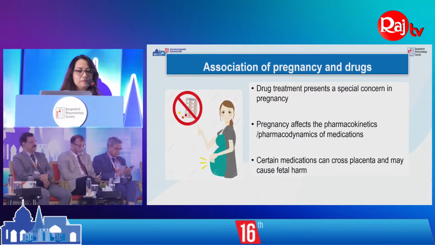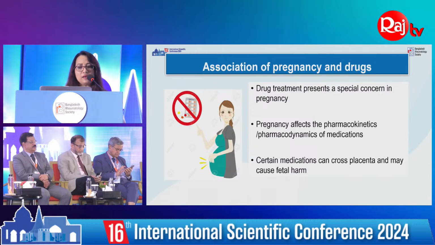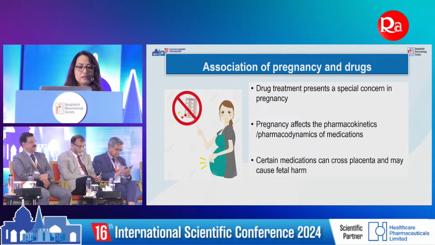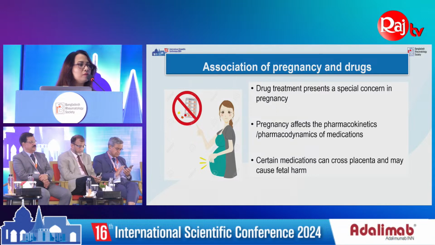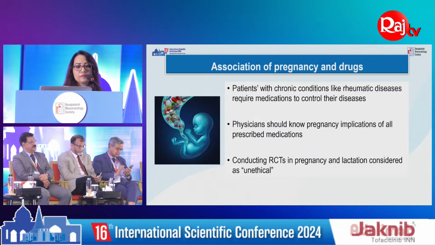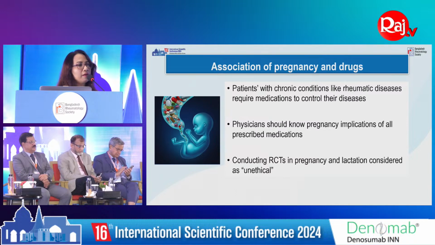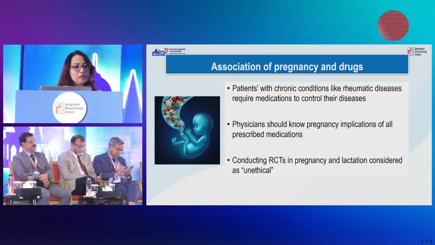of the pregnancy. But pregnancy affects the pharmacokinetics and pharmacodynamics of medications. Certain medications can cross the placenta and may cause fetal harm. Physicians should know pregnancy implications of all prescribed medications. This is very important. But the problem is the evidence.